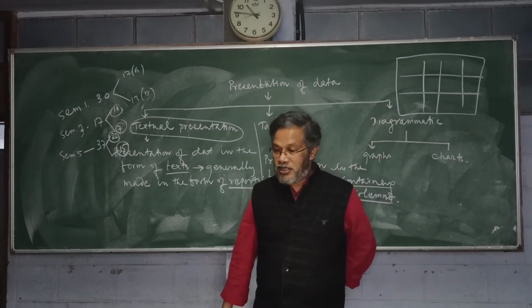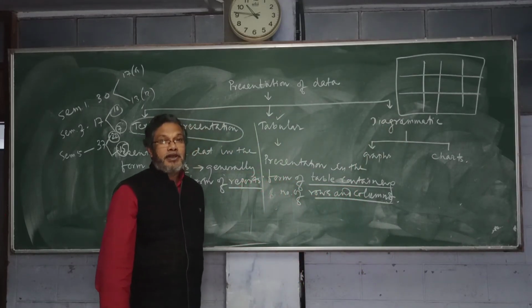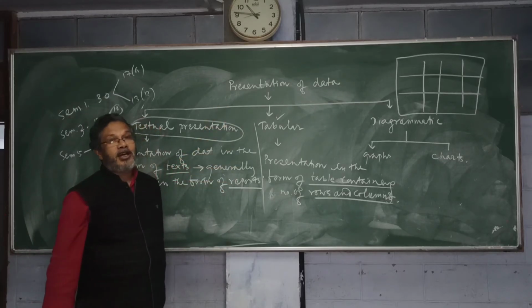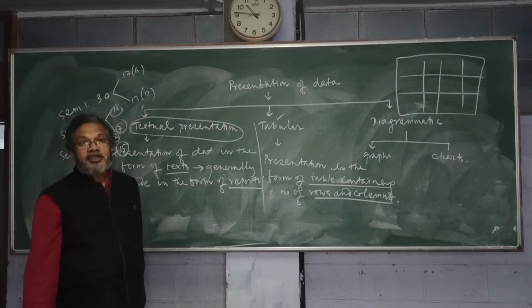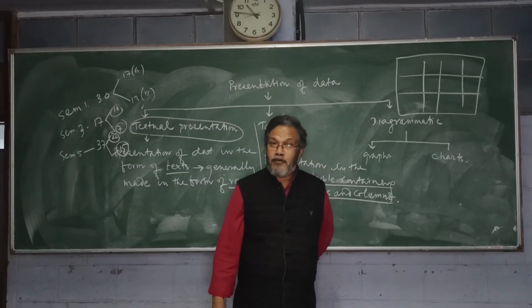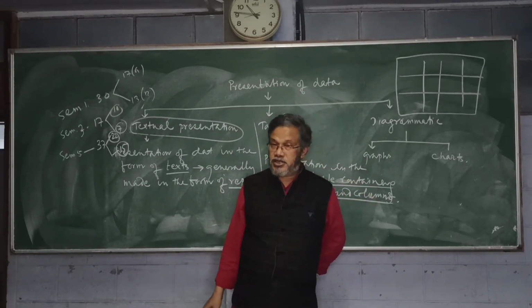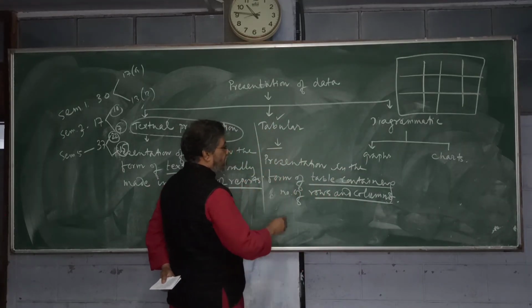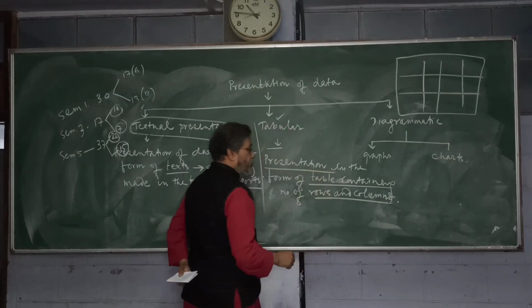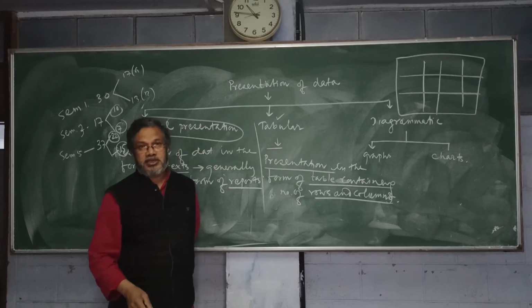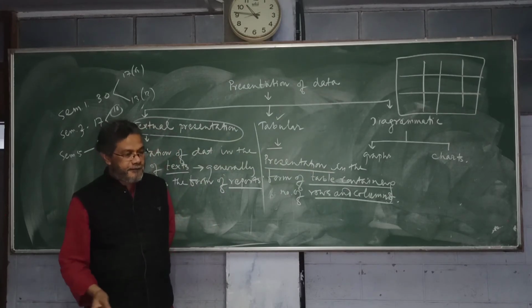This may be termed as a table, where there are a number of rows and columns, and we present data in that form, in different boxes. So tabular presentation is nothing but presentation of data in the form of a table which contains a number of rows and columns.